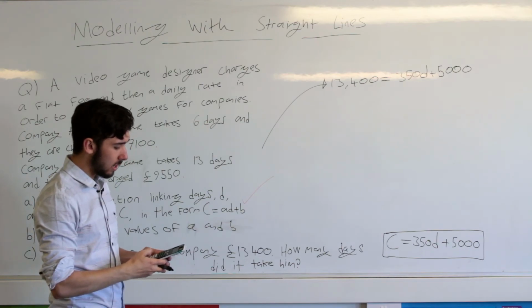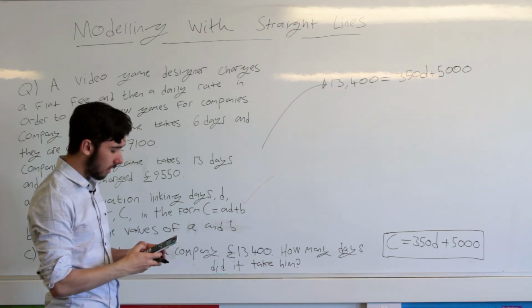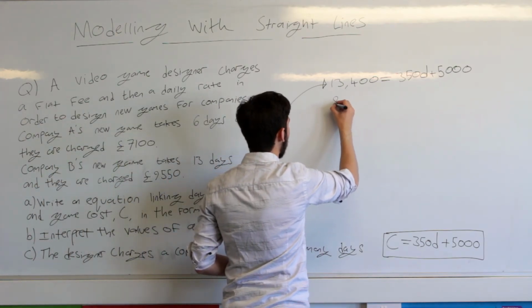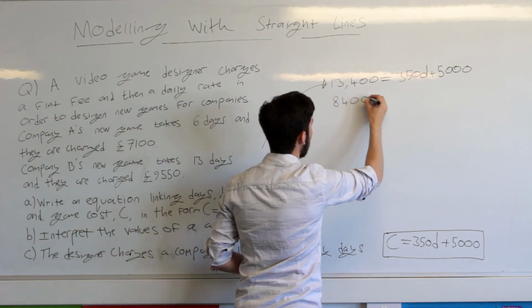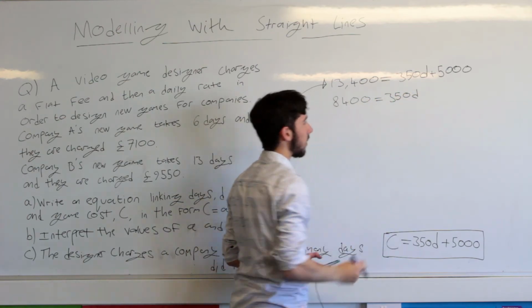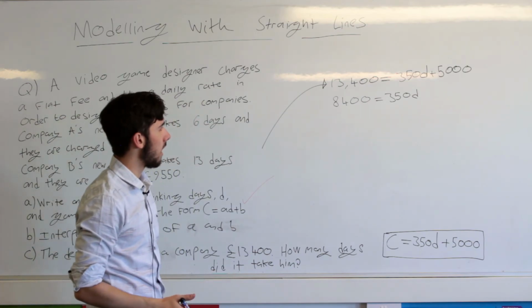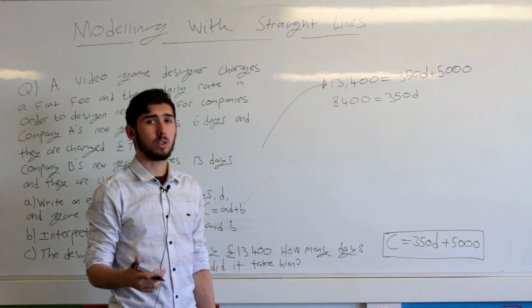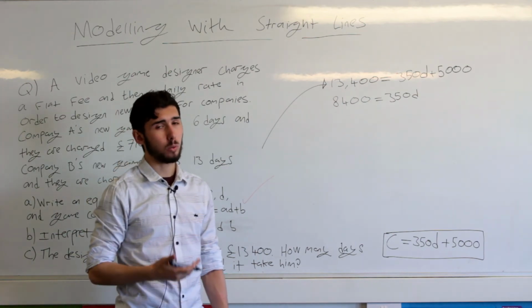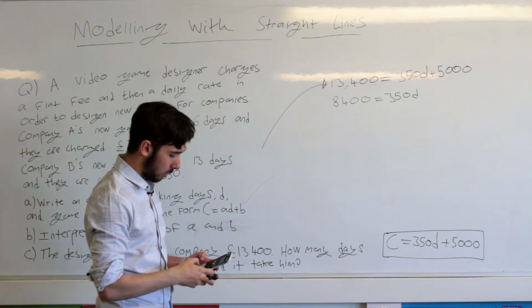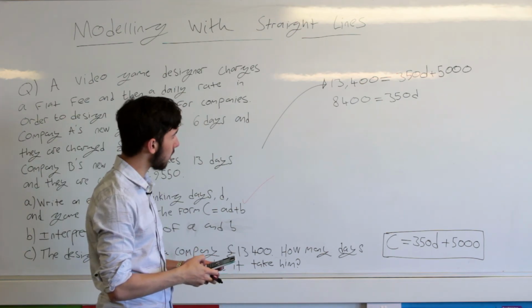So we just do 13,400 minus 5,000. And so then we get 8,400 is equal to 350D, okay? Because we just took 5,000 away from both sides. And then to get D on its own, we're going to divide both sides by 350 because we don't want 350D, we want 1D. So we need to make both sides 350 times smaller.